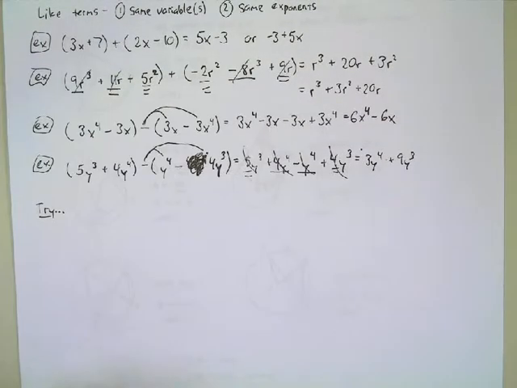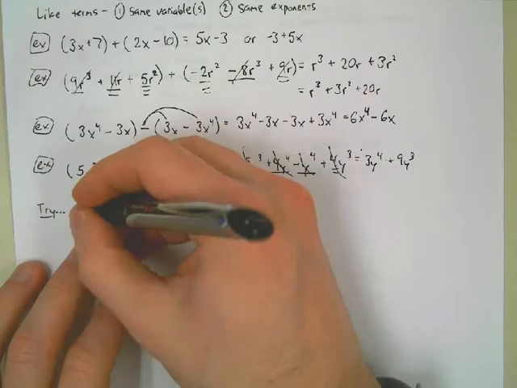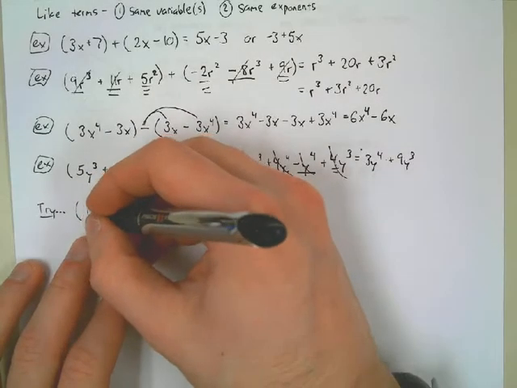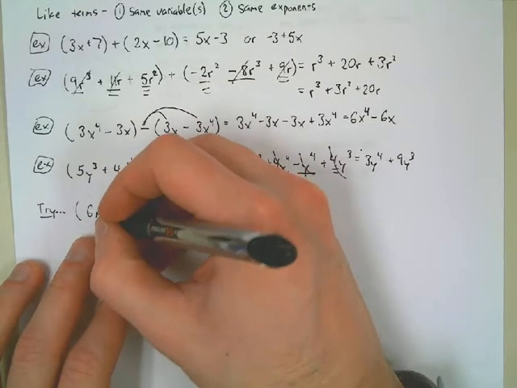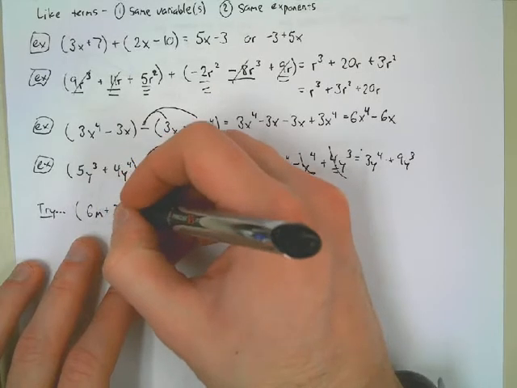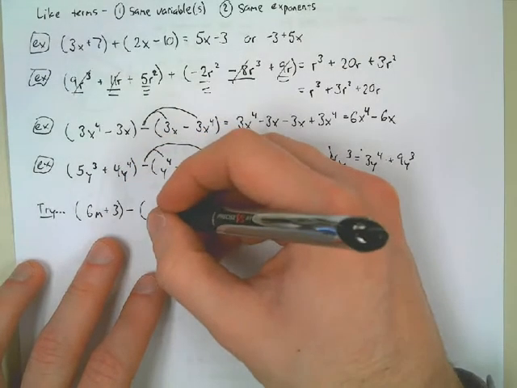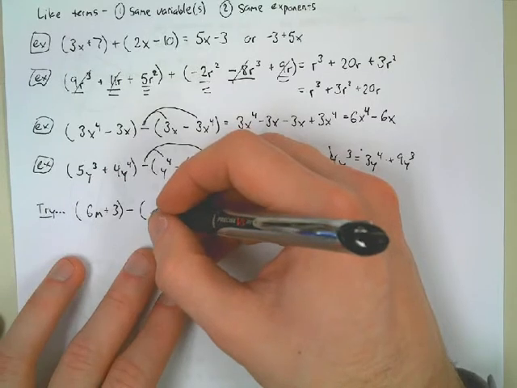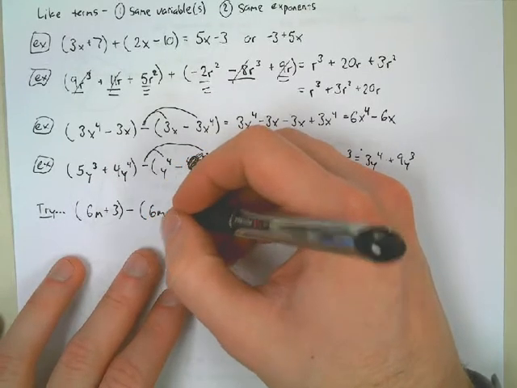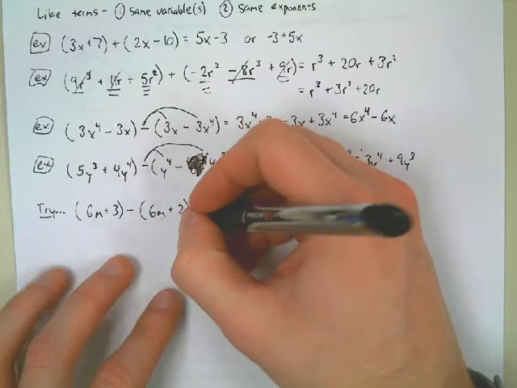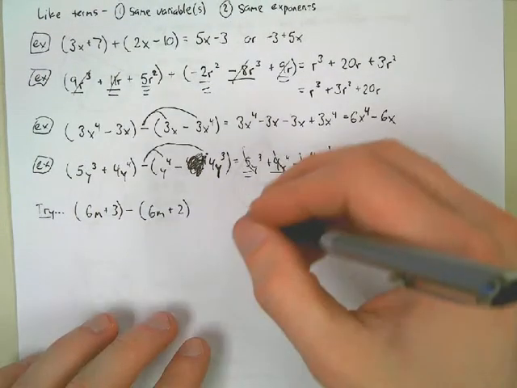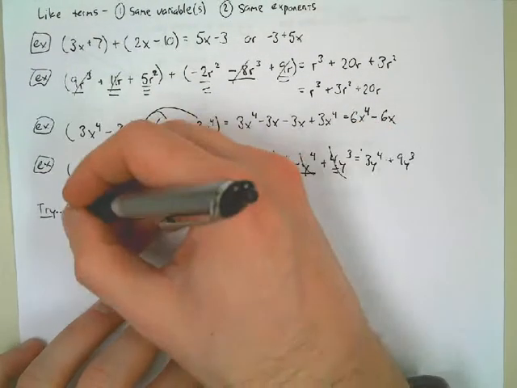Alright, so we'll say 6m plus 3 minus 6m plus 2, and that's the first one, and then the second one here.